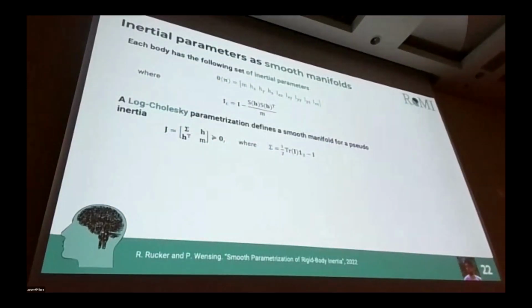So the smooth manifold, this Loco-Manipulation, is a parameterization proposed by Rocker and Wensi. It's actually a very interesting work, I have to confess. What they do is basically they first write the spatial algebra into a pseudo inertia, as you can see here, this J matrix.